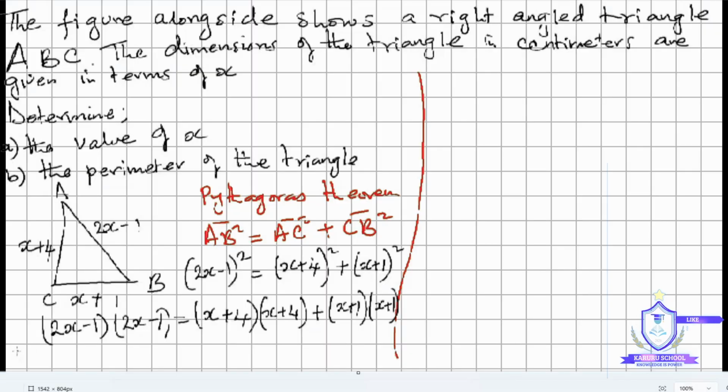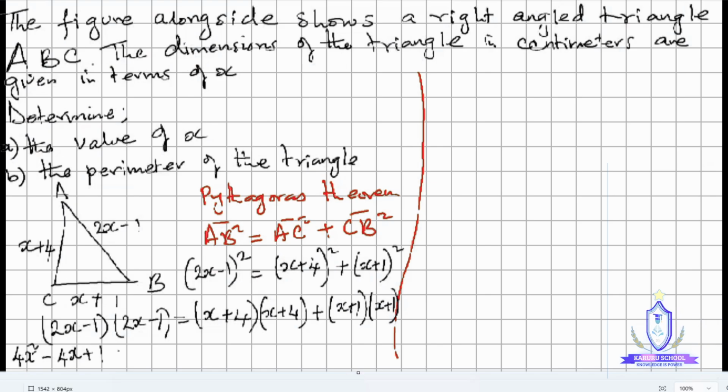So this one would be 4x squared minus 4x plus 1. So remember the quadratic identities, which say a squared plus 2ab plus b squared. That is what we have applied here.